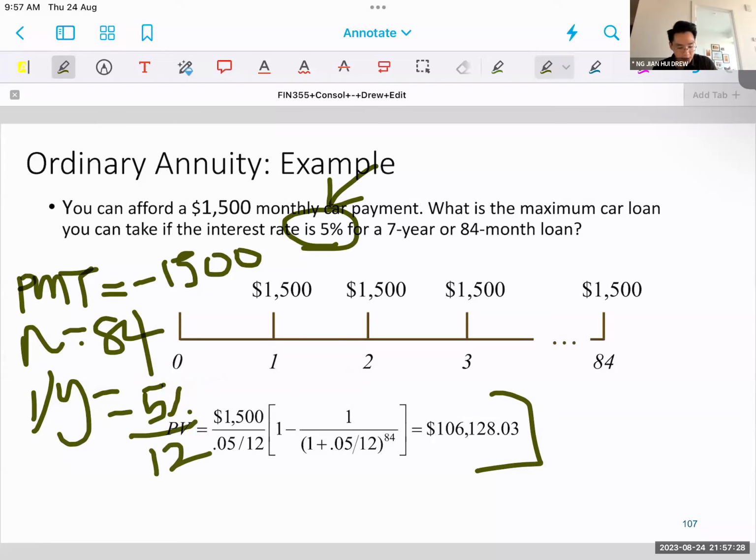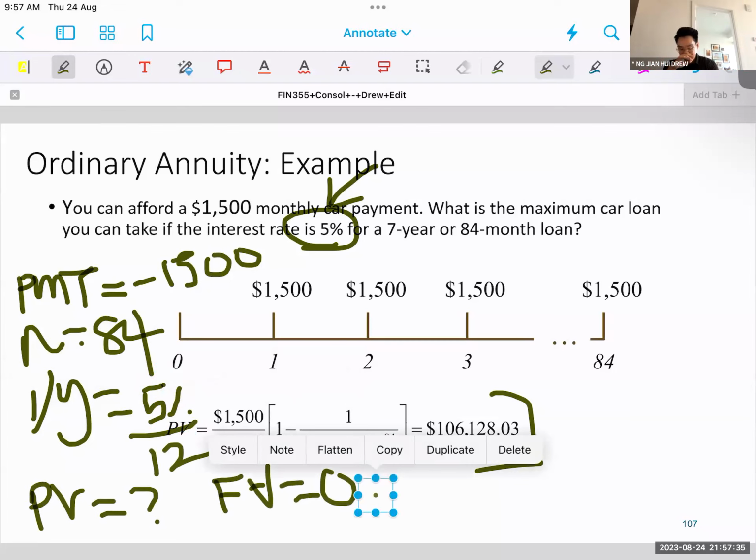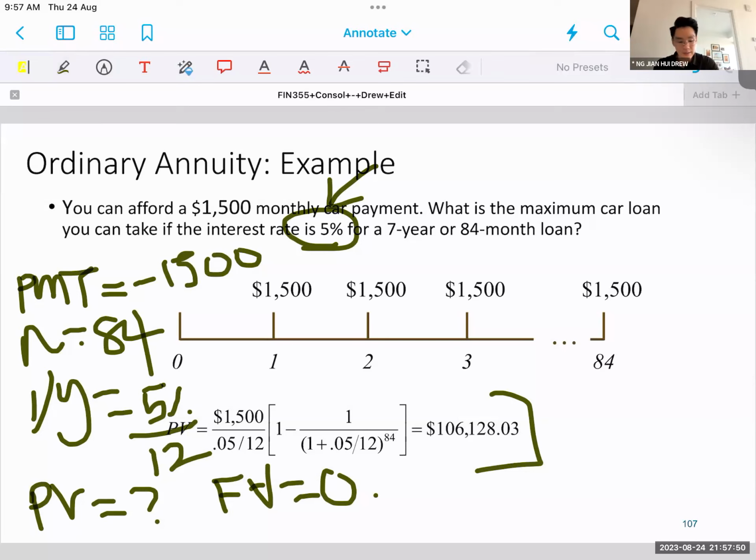We know that we basically need to calculate what's PV, right? So FV, you can put it as a 0 as well. It's not so important. So your PV is the question mark, which is what you want. Okay, everyone all right with this?